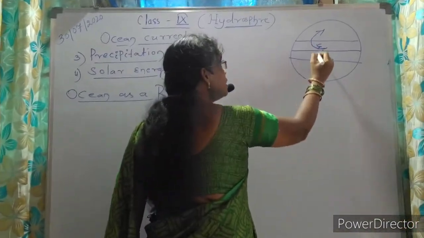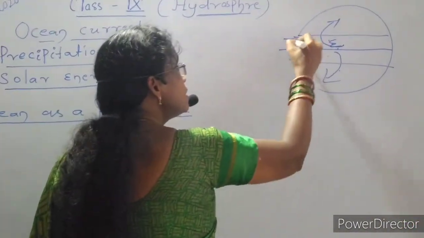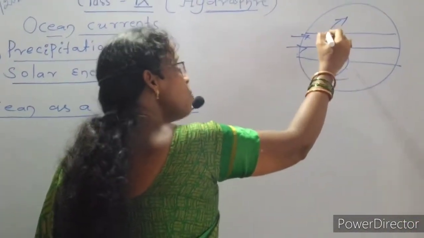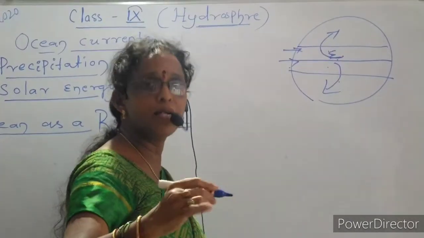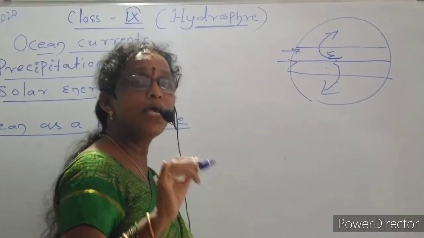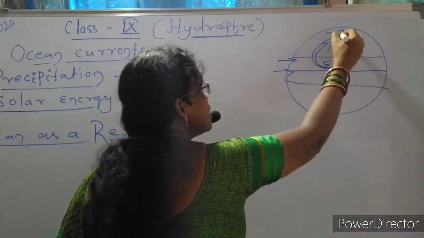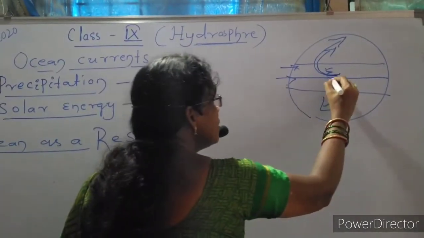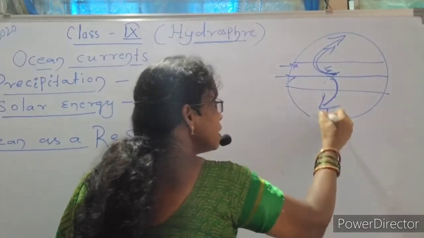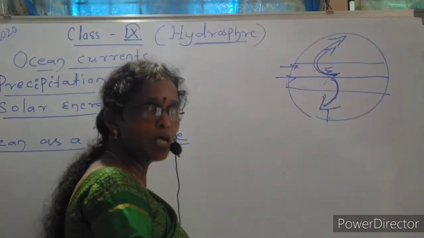Due to the direct sun's rays, the atmosphere heats up, the water heats up and expands, and it becomes light in weight. So it starts flowing towards the North Pole and towards the South Pole.